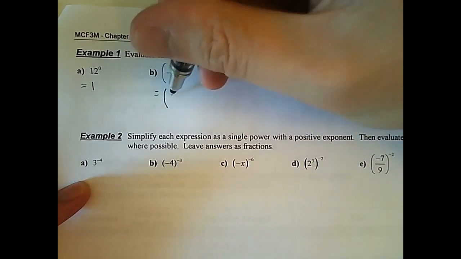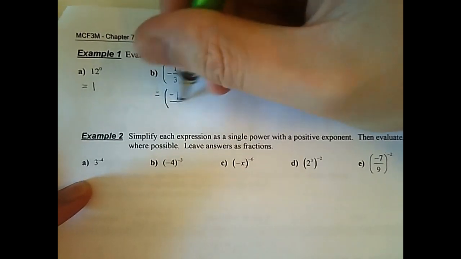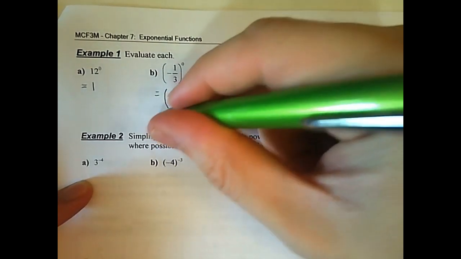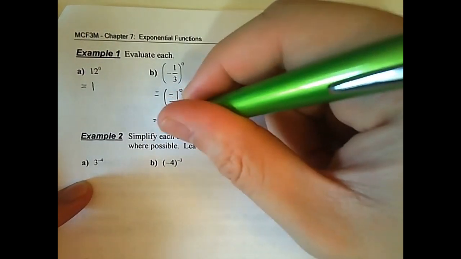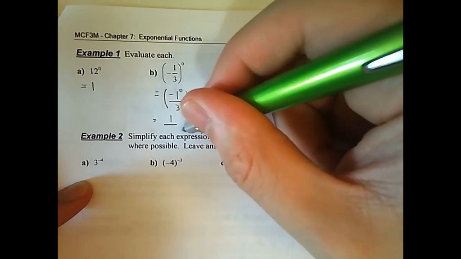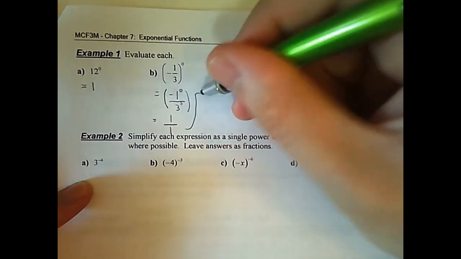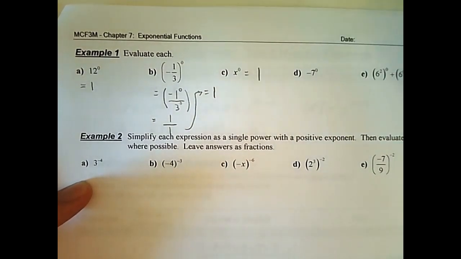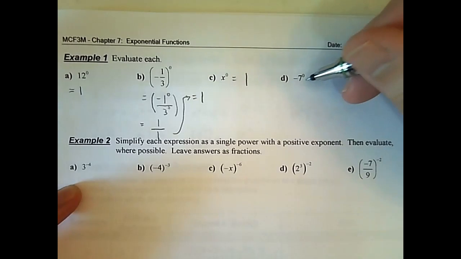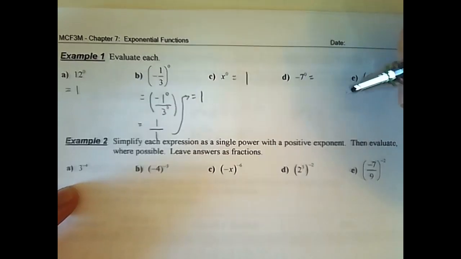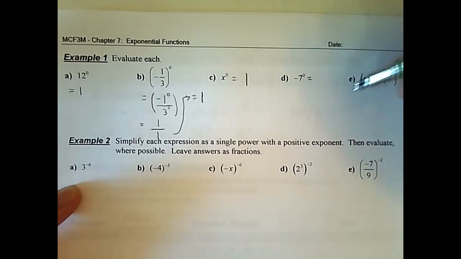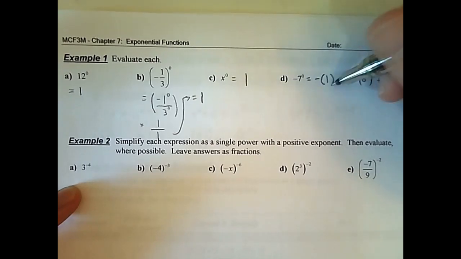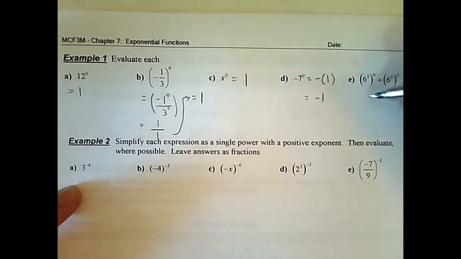Well, if I show my steps here and I apply this 0 to all of these, negative 1 to the power of 0 is just 1, and 3 to the power of 0 is 1, so I'm left with just 1. x to the power of 0, 1. Negative 7 to the power of 0, but it's not in the brackets, so it's actually going to be equal to negative 1.